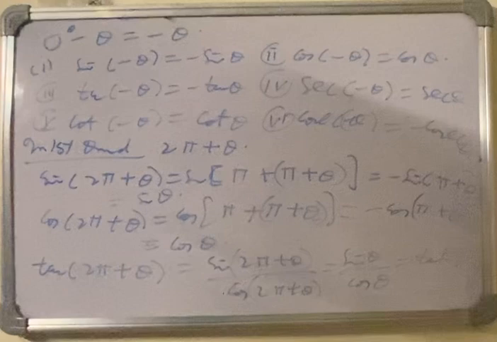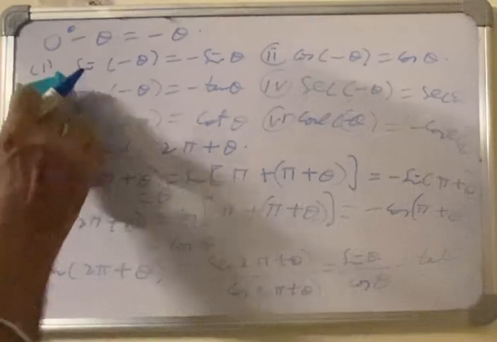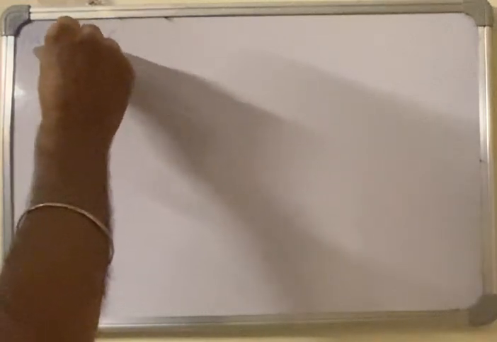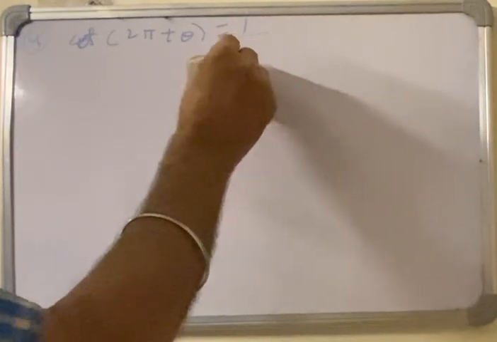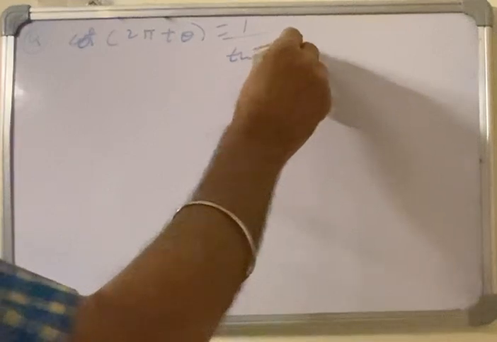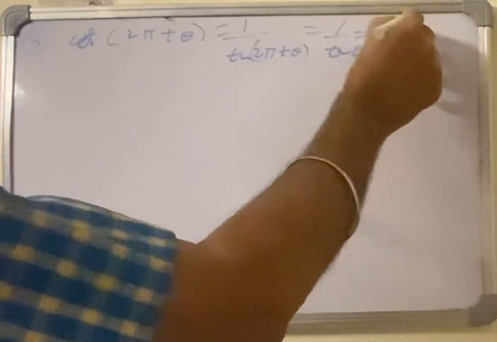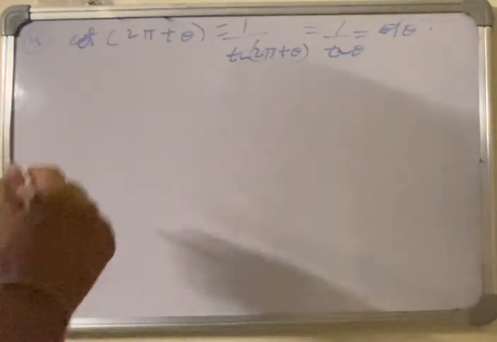Then fourth, is it first, second, third, fourth, cot, secant and cosecant. Fourth is cot 2 pi plus theta is equal to 1 over tan 2 pi plus theta, which is 1 over tan theta is equal to cot theta. So cot remains cot.